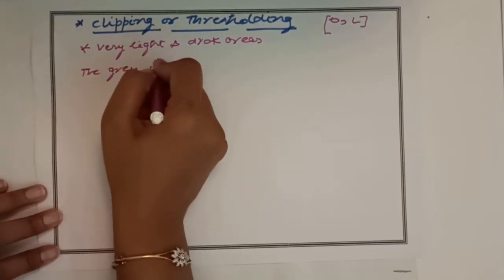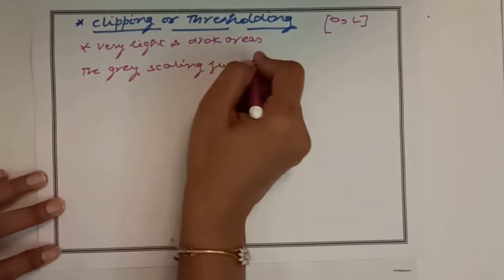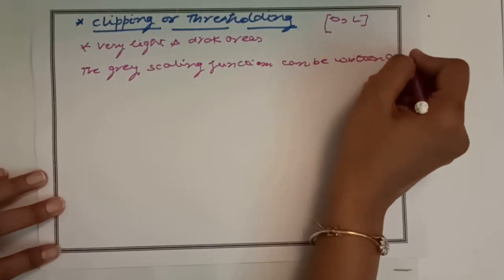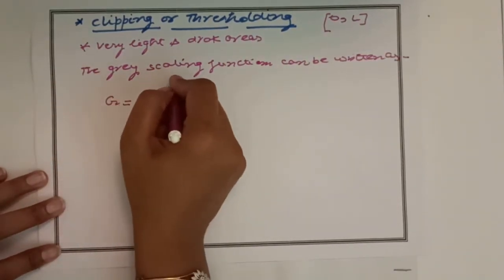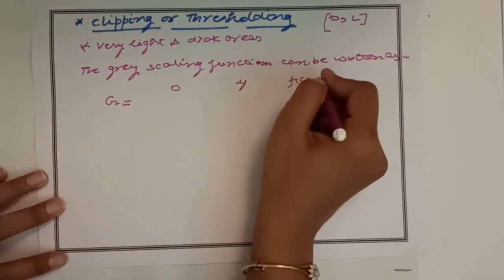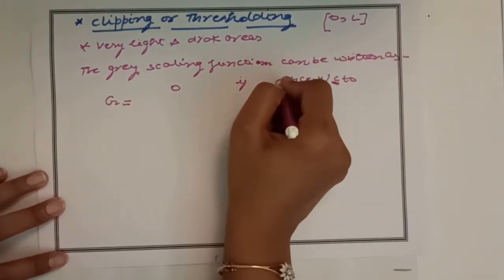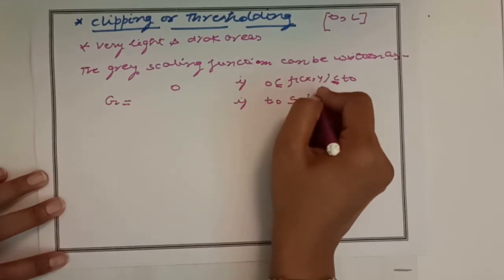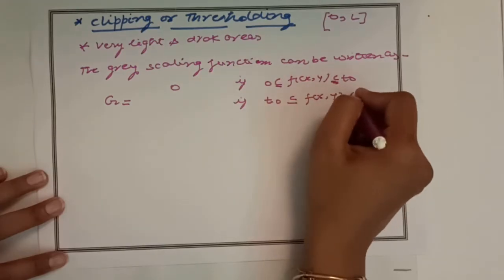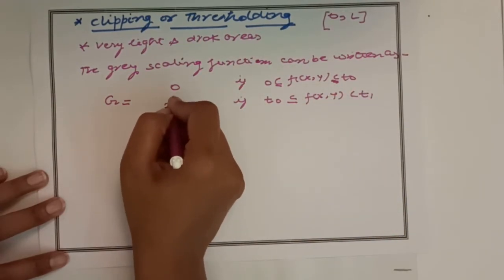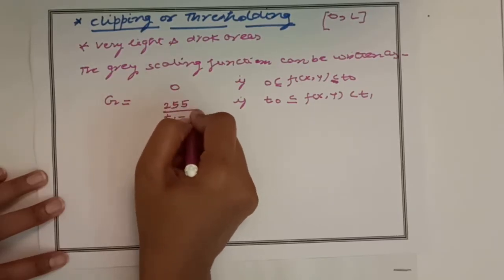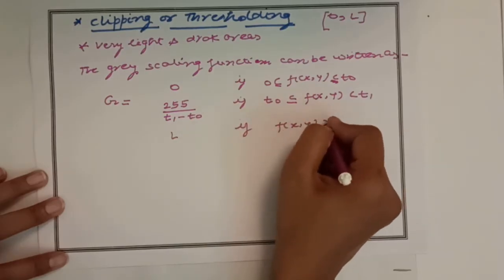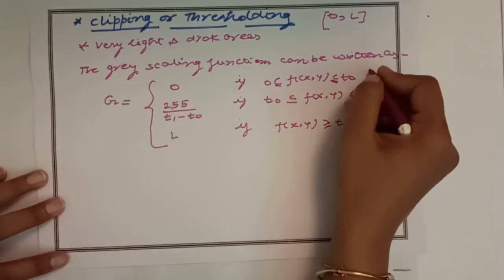So the gray scaling function can be written as: G is 0 if f of x comma y varies from 0 to T0. If the gray level component is in between T0 and T1, it would be written as 255 upon T1 minus T0, and it is L if the intensity component is greater than or equal to T1.